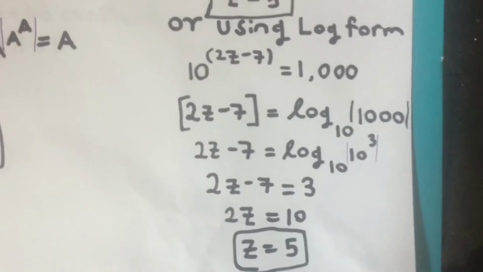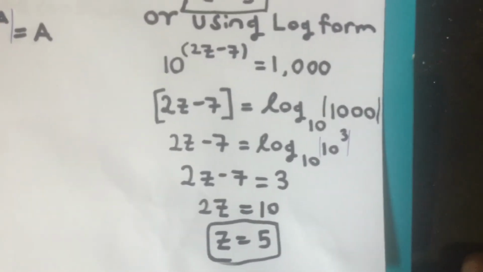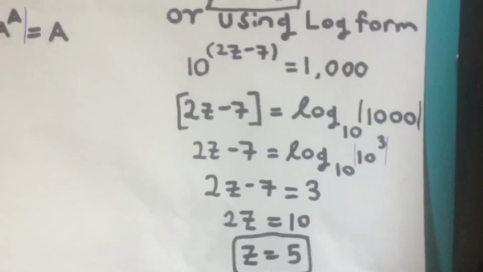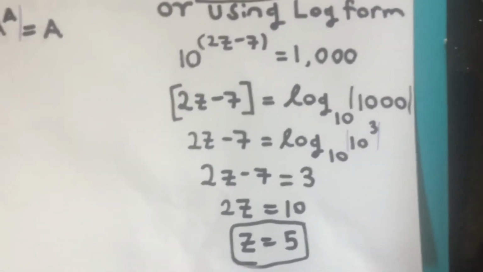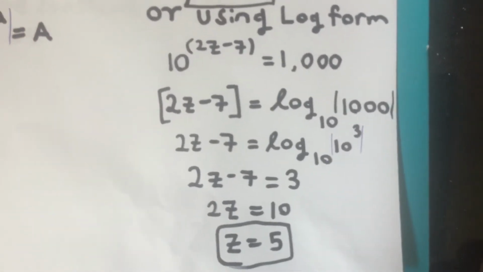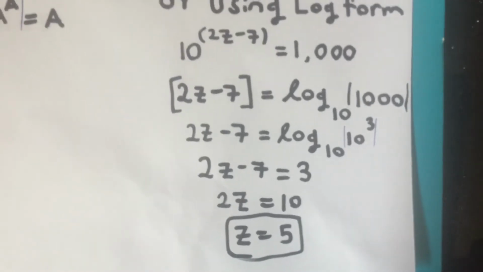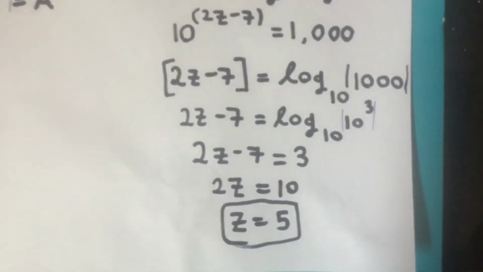So the exponent here is 2z minus 7. The base is 10. Generally, by the way, 10 is a common base when you're doing logarithms, other than base e. And 1000 is 10 to the third. So 2z minus 7 is equal to log base 10 of 10 to the third.